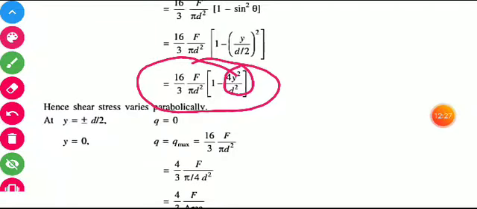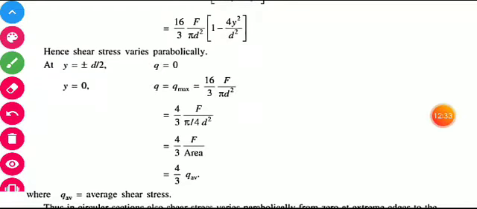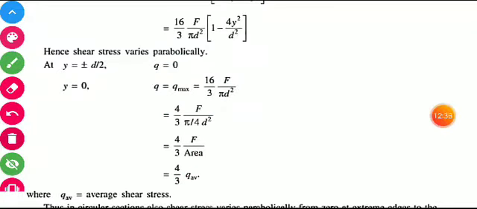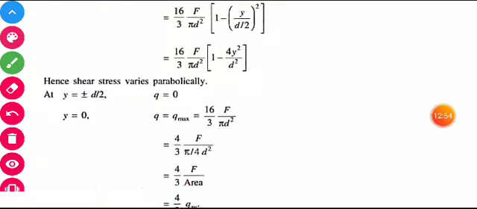Here pi by 4 d square is the area, so F by area is the average stress. So now you found that in the case of a circular section, the maximum shear stress value will be equal to 4 by 3 times the average shear stress value.